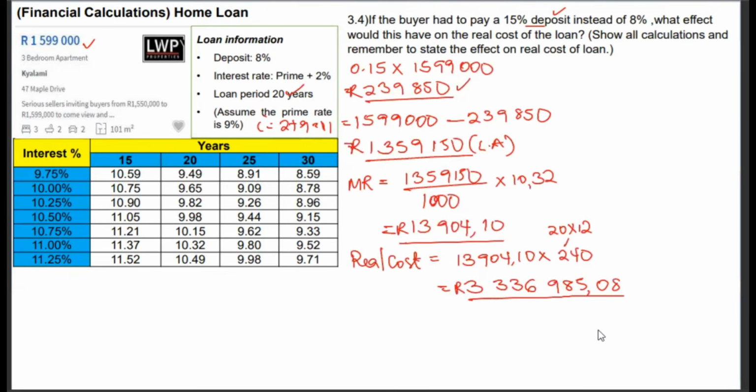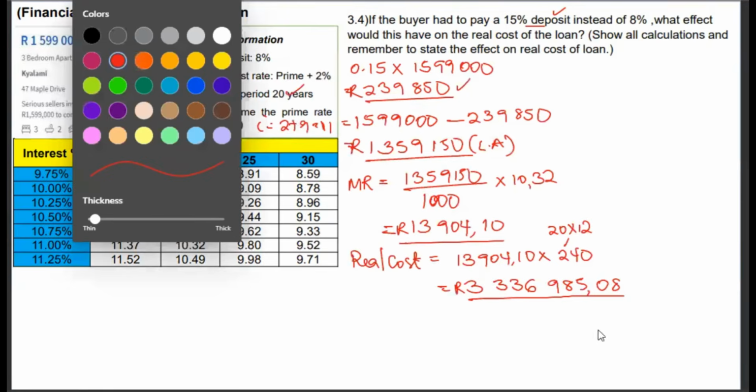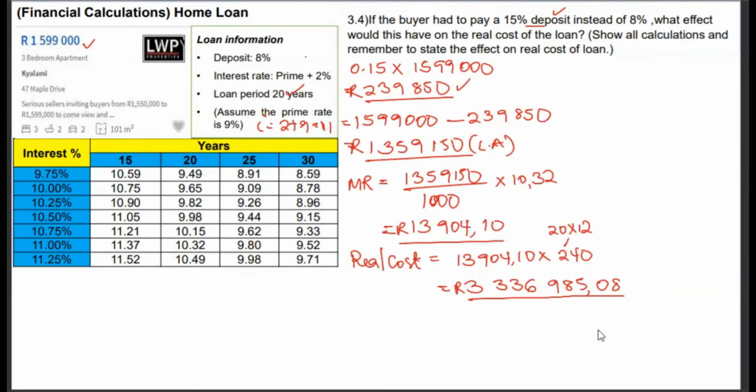So what is the effect? Number one, you're going to compare the deposits. When we compare it with the 8%, the deposit here is what?